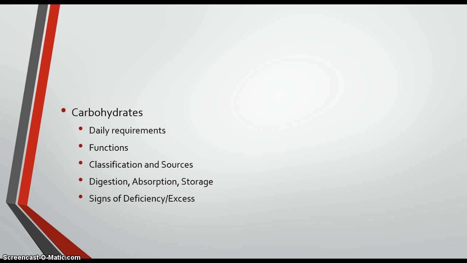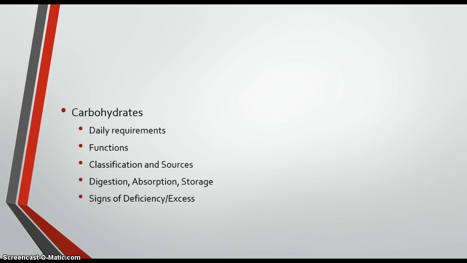Glycogenesis is the process of converting glucose to glycogen. Glycogenolysis is the process of changing the glycogen back to glucose when it's needed by the body for energy. Insulin is that pancreatic hormone that's necessary for cells to produce energy and for the liver to produce and store glycogen.